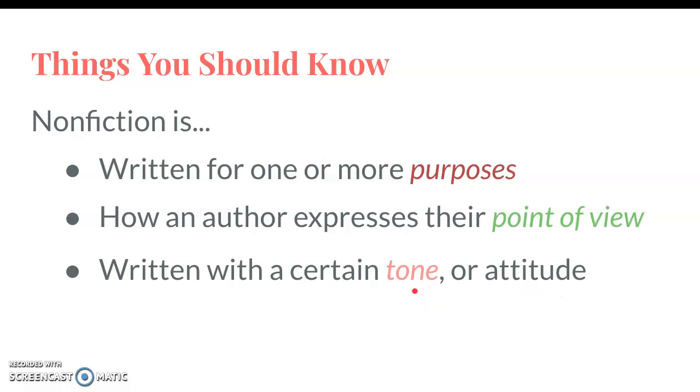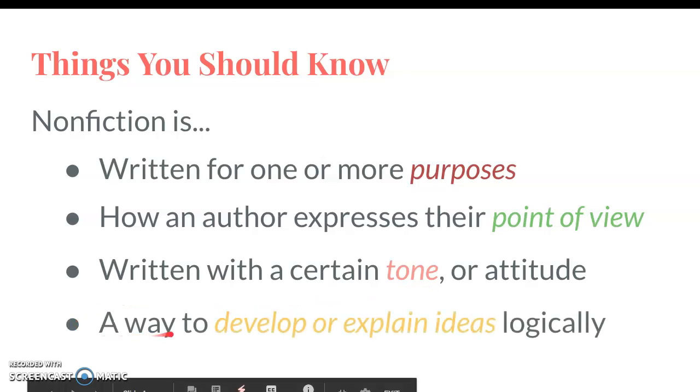We'll talk about word choice a little bit later, and what we can tell from word choice is how an author is feeling specifically about the topic which they discuss. If they use a lot of really positive, upbeat words about their topic, they're probably a fan. But if they use a lot of negative words, then they probably do not like that topic very much.